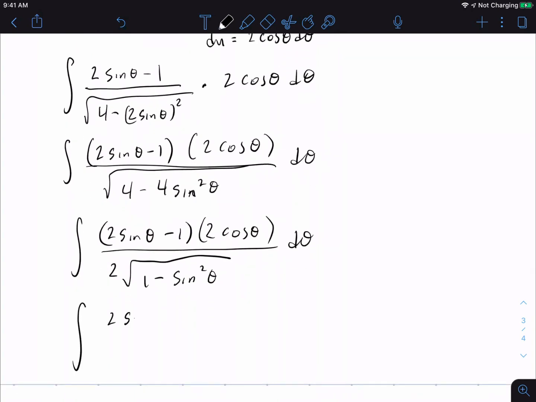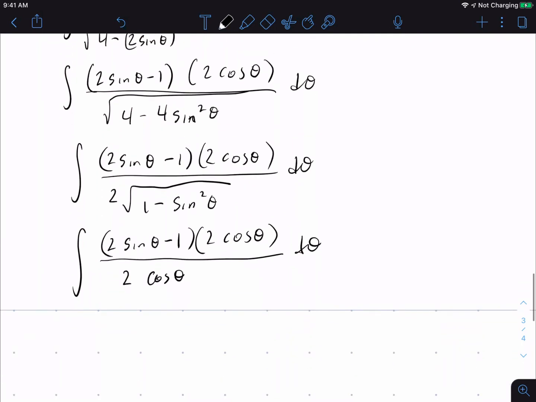That will be 2 sine theta minus 1, 2 cosine theta over 2 cosine squared theta, which becomes cosine theta d theta, and so I'm going to get 2 sine theta minus 1 over, oops, no over, they're done, that's awesome, d theta.